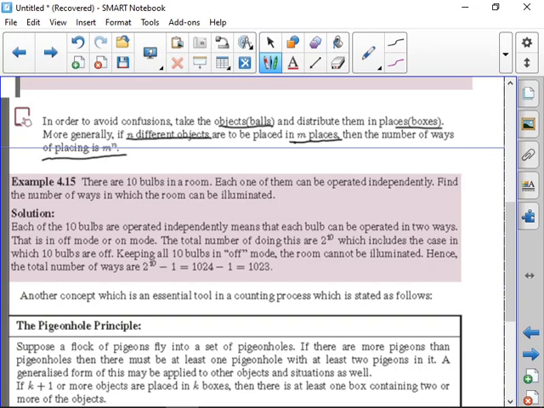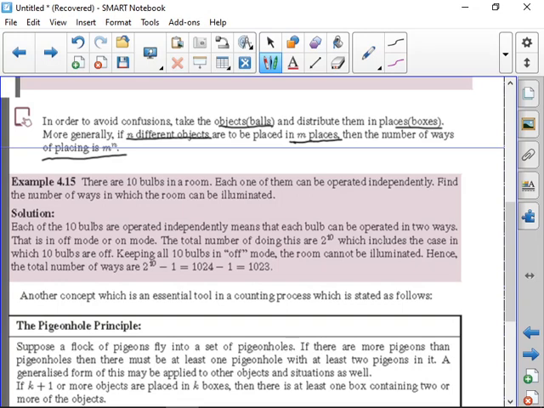The box is the base, and the object is on the power. Remember, the index is the object. So m power n.